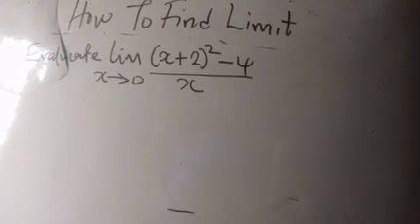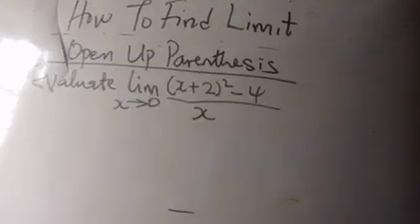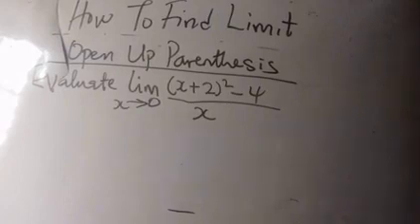If we have explored the first 3 methods, the substitution method, that is the plugging method, and getting common denominator, and it seems we are getting 0, then we can use the fourth method, open up parentheses.